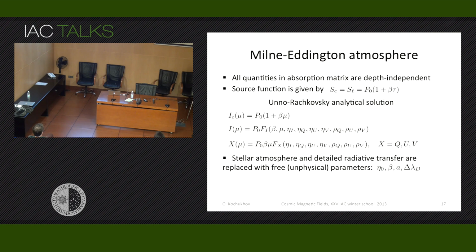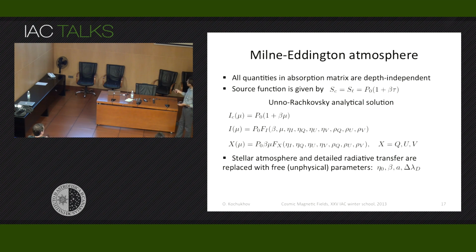Now, what is happening in reality, in real analysis of data, is that all these complications related to stellar atmospheres and detailed radiative transfer are substituted with analytical formulas containing parameters which are fixed from the atomic line data, the Zeeman splitting pattern, and parameters which are not fixed at all, unphysical parameters like these things.